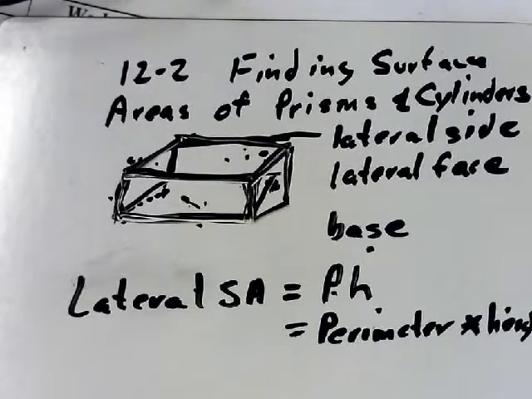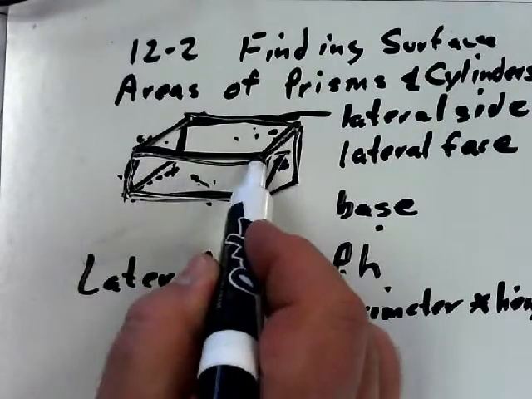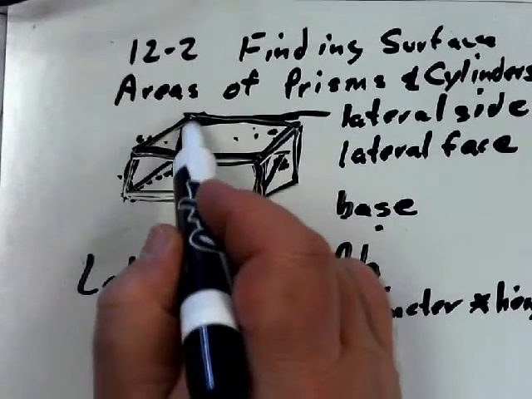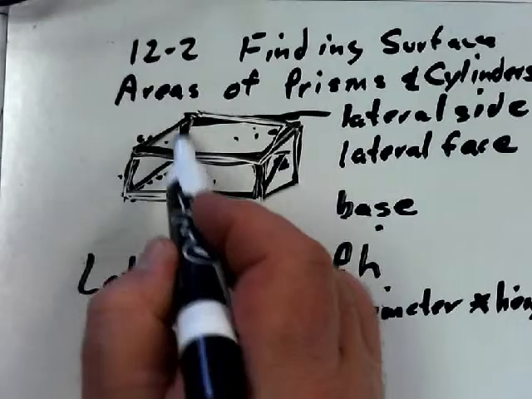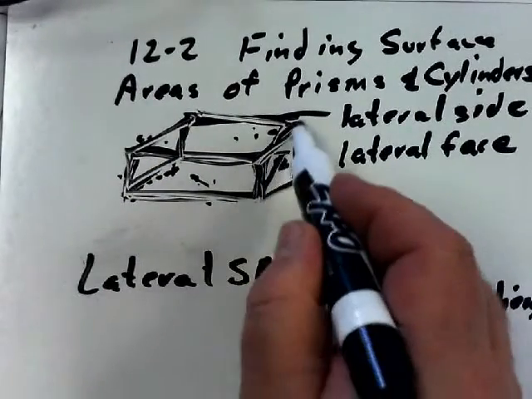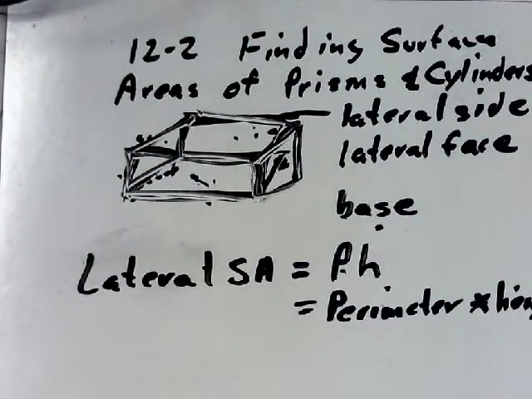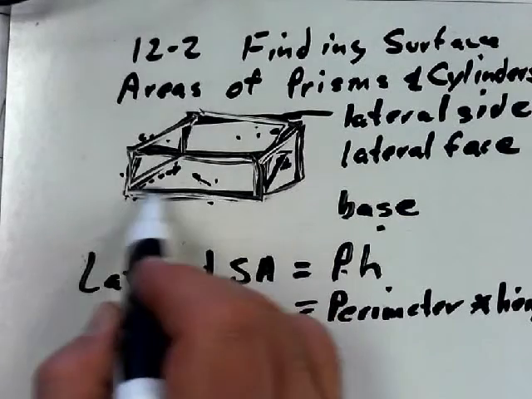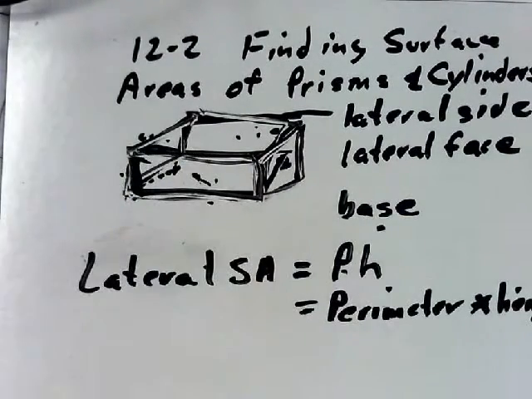Okay? If you can't remember how to do that, I would have to find the area here, the area here, the area here, and the area here, and add all those together. Which way do I prefer for a prism? Actually, I prefer finding the area of each one of the sides and adding them together.